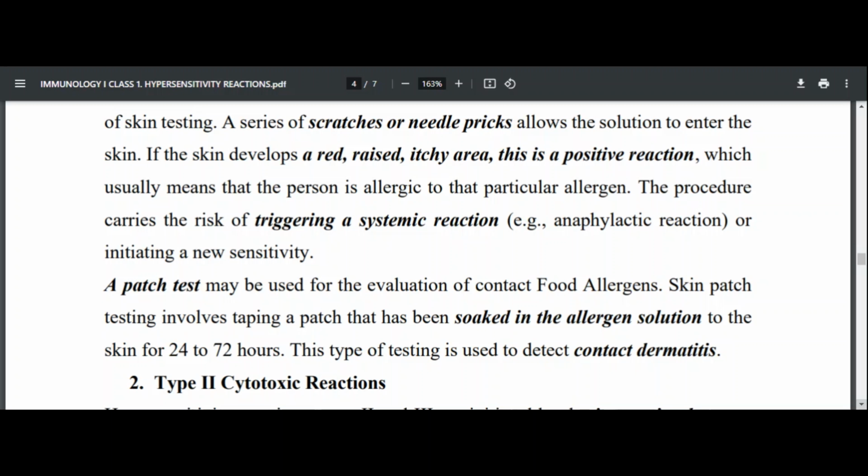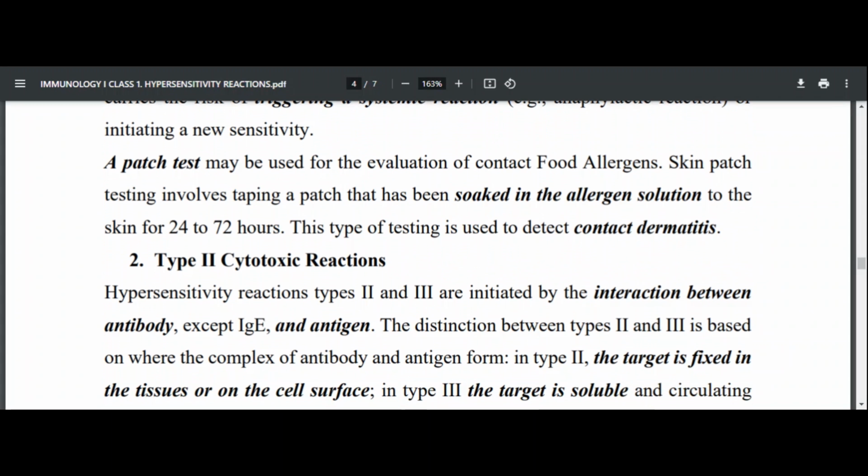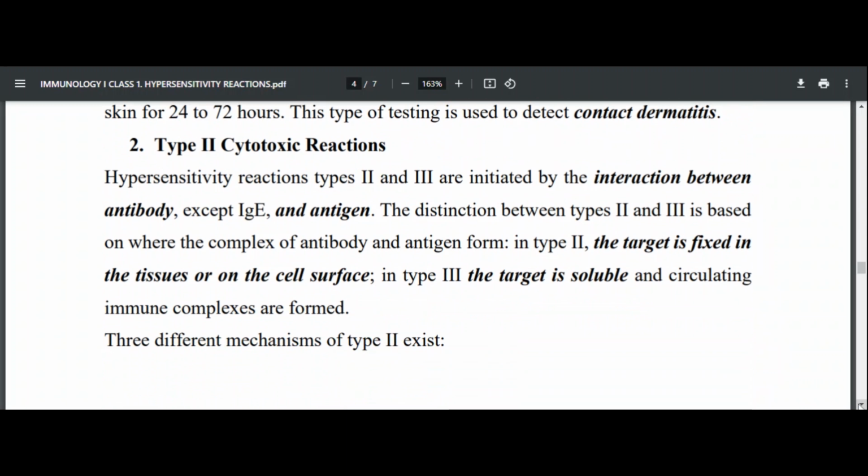Those can be a sign of allergic reaction, but that is of course a contact allergic reaction. So we can use the patch test to examine possible allergens which could be causing that problem of contact dermatitis. The second type of hypersensitivity reaction is the type 2 cytotoxic reaction.